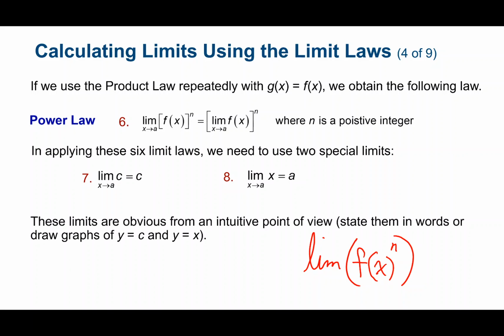You can think about that graphically: if we have y equals c, a constant function, that's a horizontal line. So we don't care what x value we're at, our y value is going to be that constant over the whole domain. Limit of a constant is the constant.